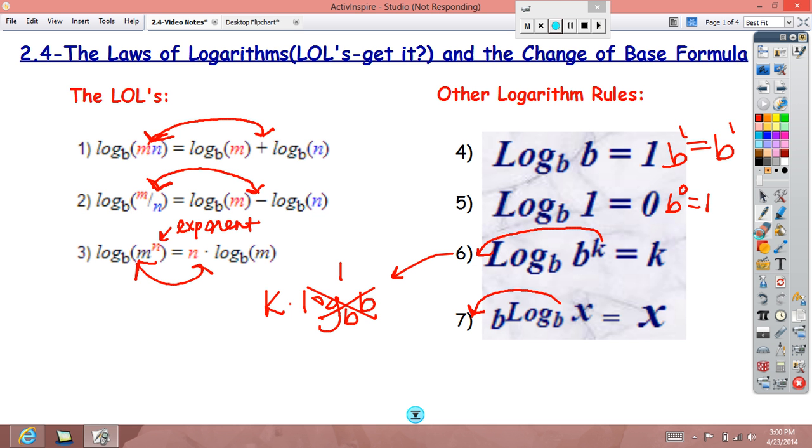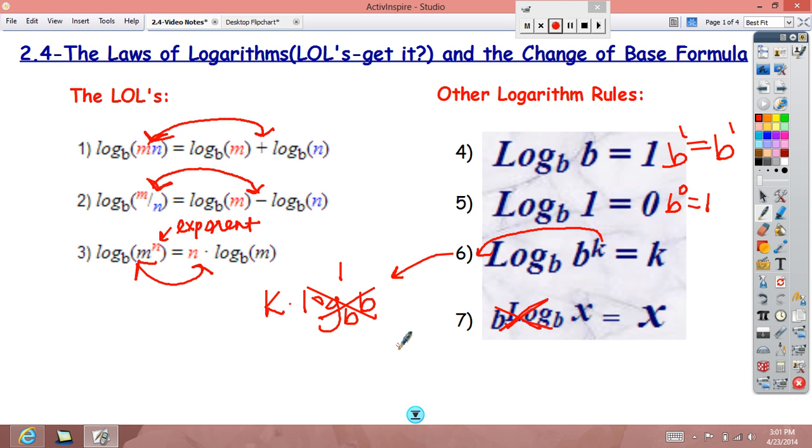So this doesn't actually come down, but because exponential and logarithmic are inverses of each other, if I have a base of b here and a base of b here, these cancel each other, and I'm left with x equals x. You might see some of them with these, but otherwise you can work them out using other things.